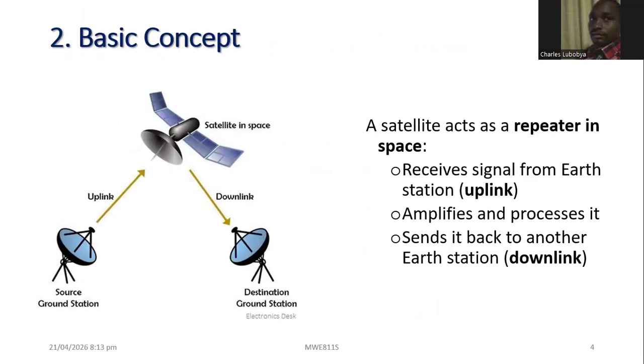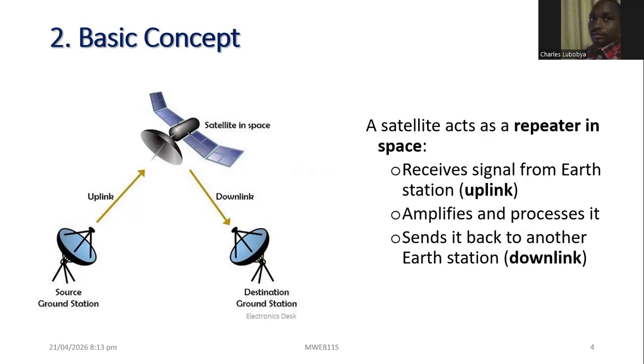Now, a satellite acts as a repeater, like I stated in the introduction. It's a repeater that is located in space. In fact, what we call a satellite is what is actually launched in space. The ground stations, whether on the source side or the destination side, are not satellites.